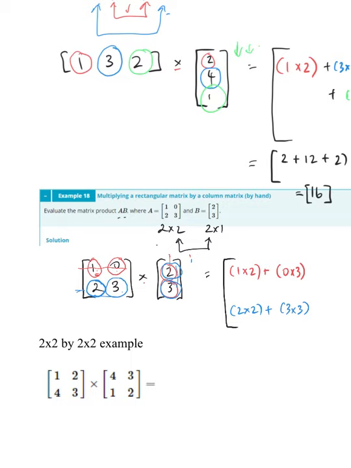There isn't, so I know that I am finished. And then if I work that out, so I've got 1 times 2 is 2 plus 0. And then I've got 4 plus 9, which equals 2 and 13.